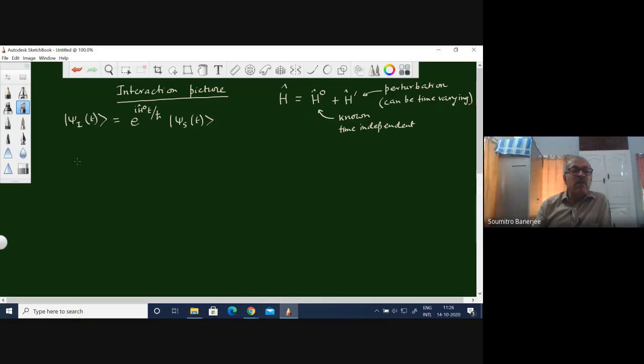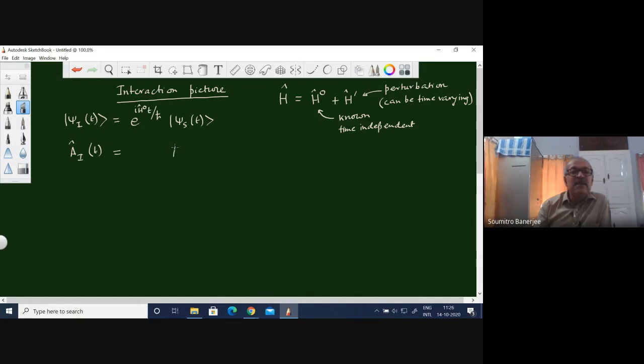What about the operators? The operators will be defined as A_I. In this case, these will also be dependent on time. Let me write it, then I'll explain. This will be, again, defined by only the H naught part, the way we have defined.